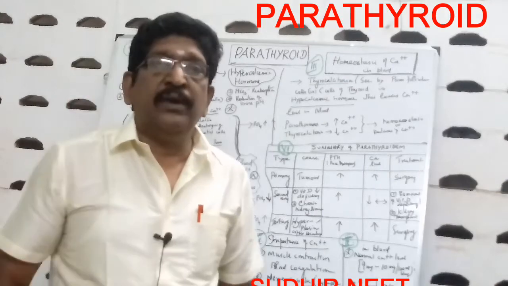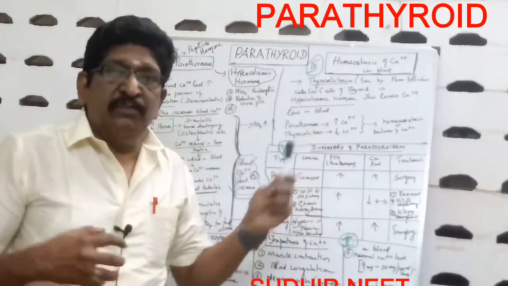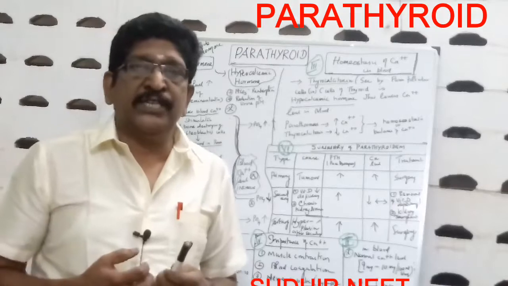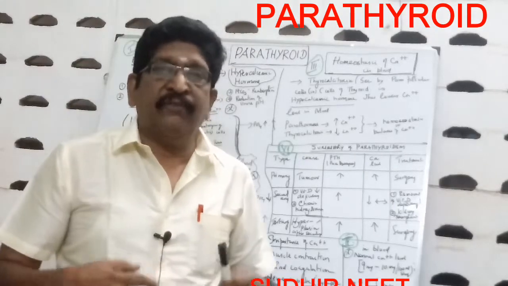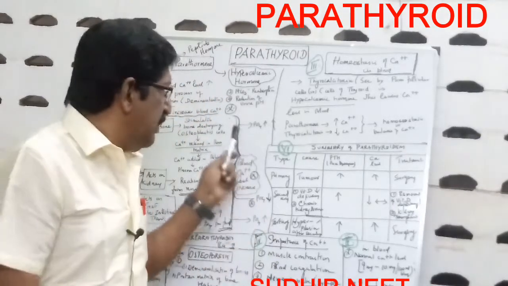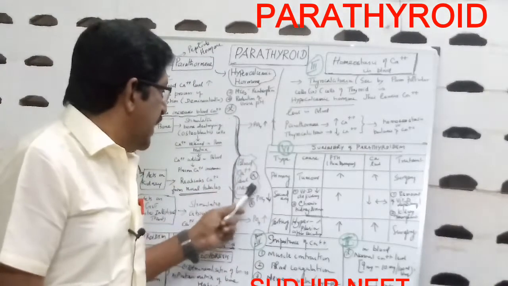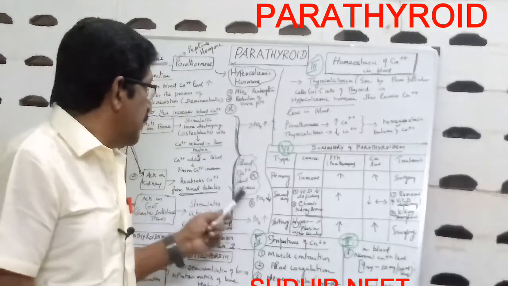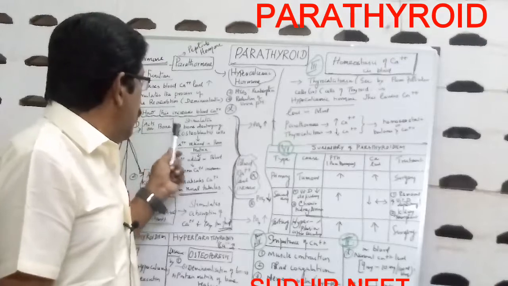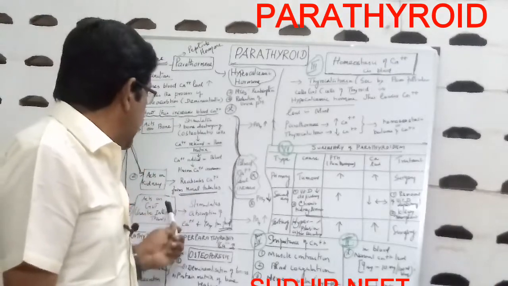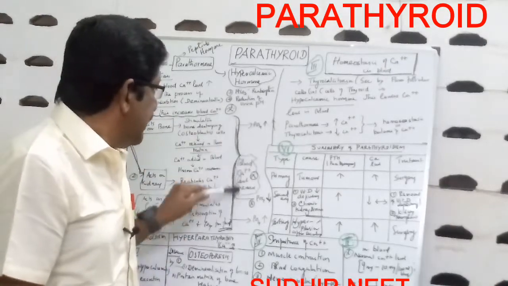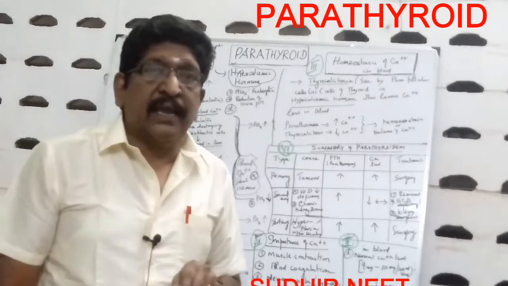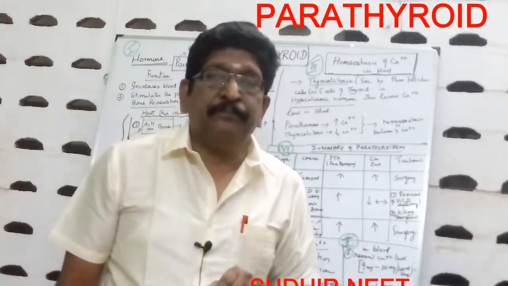So by these three mechanisms, the blood calcium level increases: by acting on bone, kidney and gut.